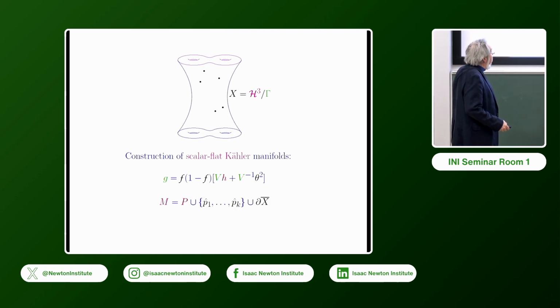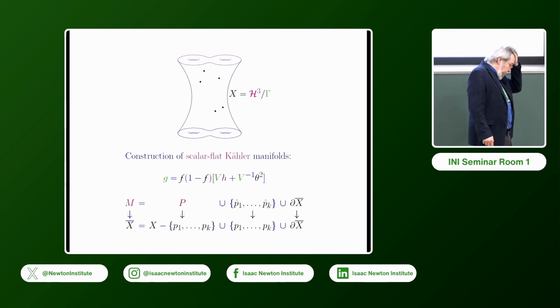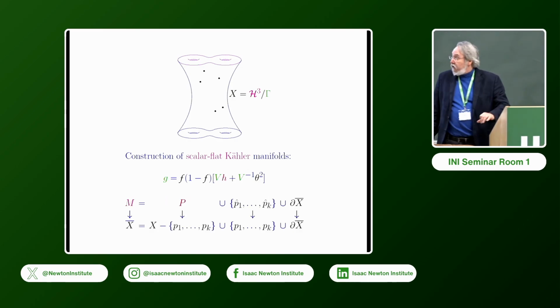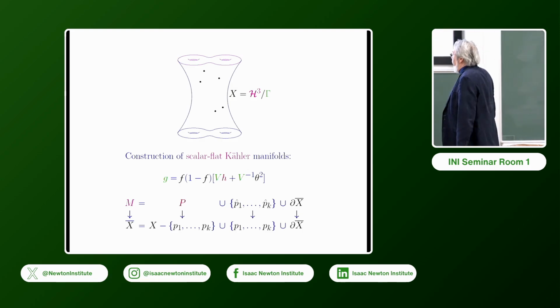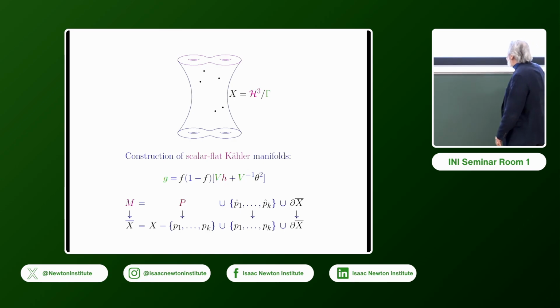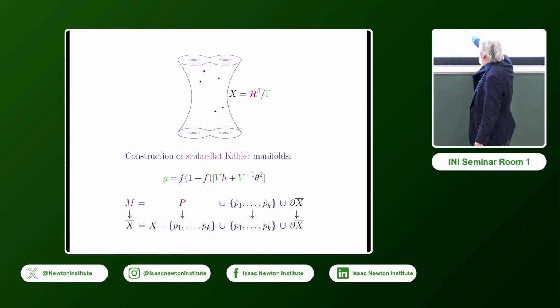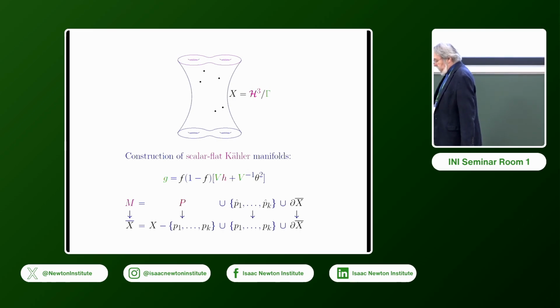And then what happens is that when we take the Riemannian completion of this metric, it's actually a compact, smooth, complex manifold. And we have constructed a Kaehler metric with scalar curvature identically 0. So the way the Riemannian completion actually happens is that we have this circle bundle over the punctured 3-manifold. We put in 1 point for each of the punctures, and we also put in copies of the boundary surfaces.